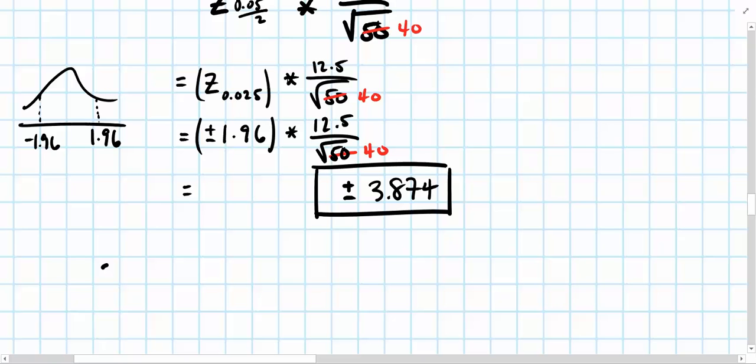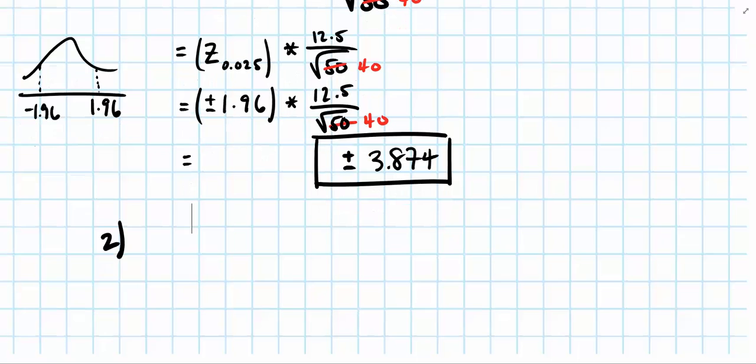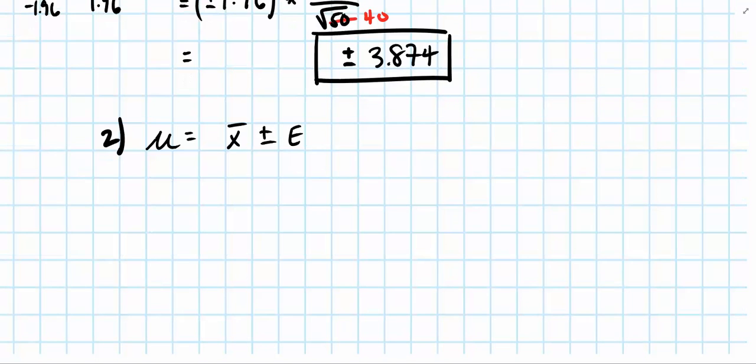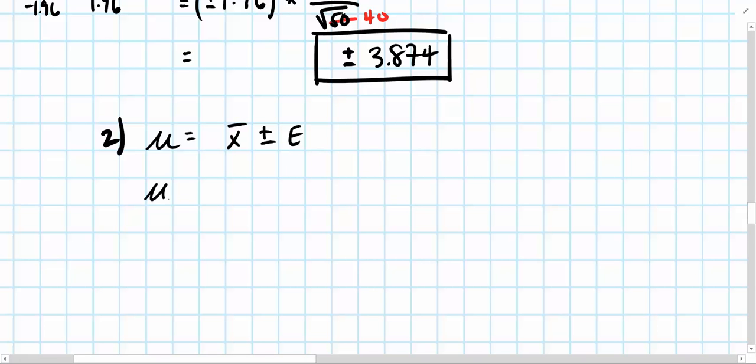Now that's what part 2 refers to as our confidence interval. The confidence interval for mu is equal to our x bar plus or minus our margin of error. So in this case, we would expect with 95% confidence that our population average is 76.3 beats per minute plus or minus 3.874 beats per minute.